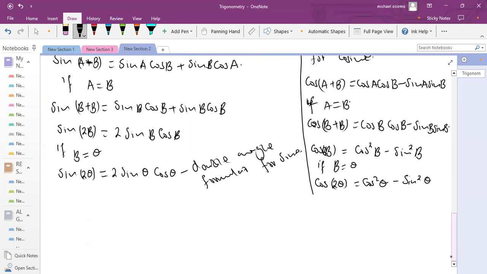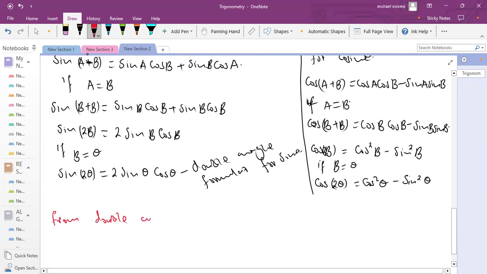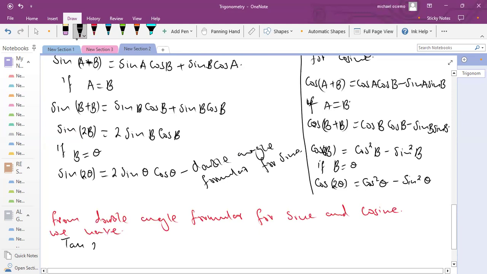So from the double angle formula for sine and cosine, we have tan 2 theta being equal to sine 2 theta over cos 2 theta.